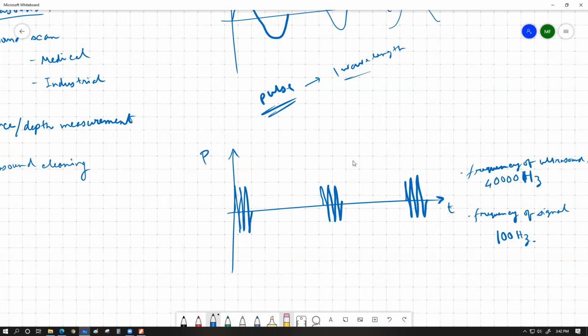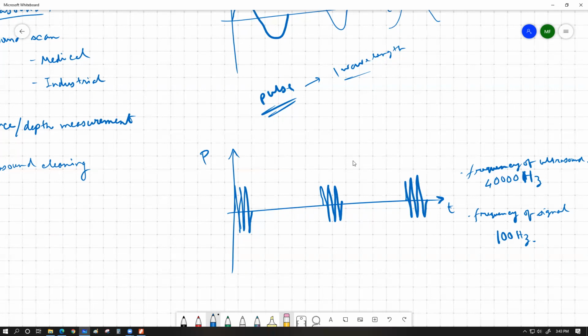The reason these graphs look like this is that whenever the source is making the sound, it is making the sound at 40,000 hertz, and it is making sound 100 times every second. So I cannot actually make a 100 hertz sound and make individual pulses distinguishable for you.